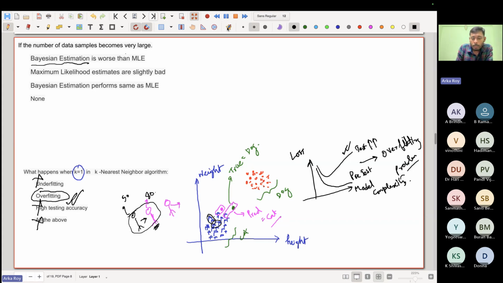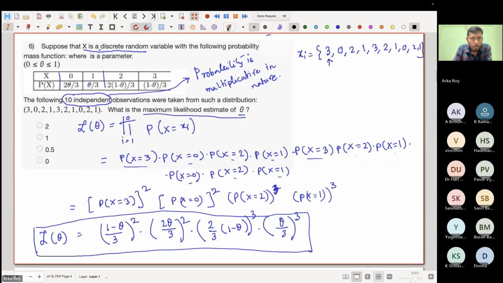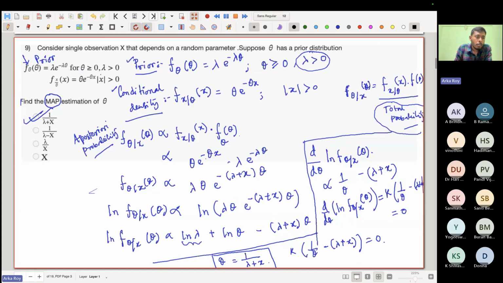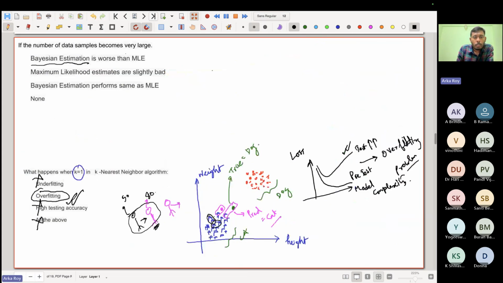So in the second problem, I guess, we had prior and conditional density. If I go to this slide, in the case of Bayesian estimation, we try to calculate the a posteriori probability, that is, theta given x.